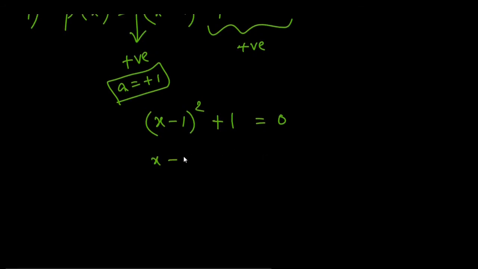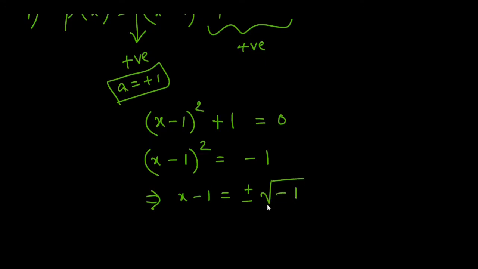So x minus 1 whole square is equal to minus 1. This implies x minus 1 is equal to plus or minus square root of minus 1. On the left side we have a square here. When we take the square root of the left side, we also take the square root of the right side.